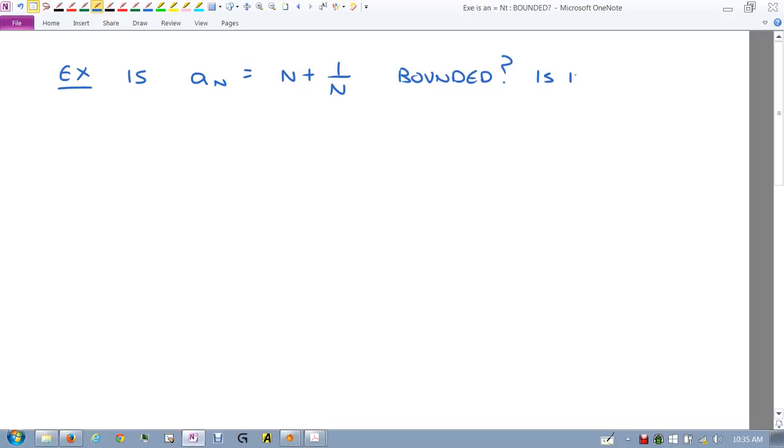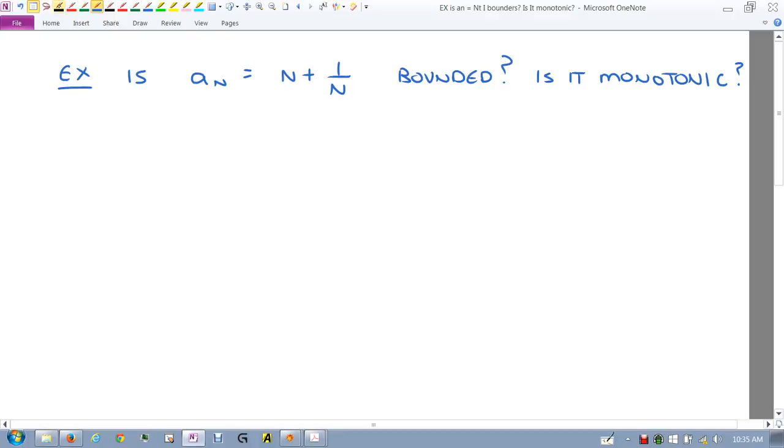Is it monotonic? Two questions. Is it bounded? Is it monotonic? So let's start with bounded. What does it mean for me to figure out if a sequence is bounded? I have to find a number that's always bigger than the sequence, and I have to find a number that's always smaller, right?